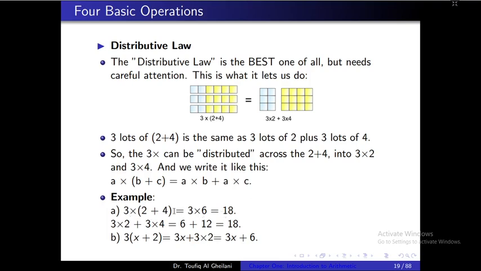Same answer if we distribute: 3 times 2 is 6, plus 3 times 4 is 12. 12 plus 6 is 18, same answer. And also here 3 times (x plus 2), we get 3 times x, 3x, plus 3 times 2, 6.